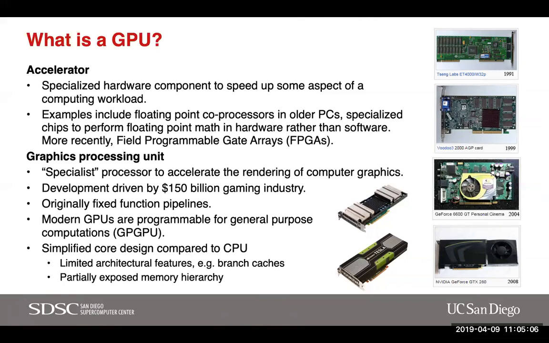But nowadays, modern GPUs, basically since approximately a decade ago, are programmable for general purpose computation, so you can effectively use them for any computing task that you would otherwise use a central processing unit for. However, in comparison to a CPU, there's a simplified core design, with limited architectural features, for instance branch caches, and a partially exposed memory hierarchy that you should know about when you're programming GPUs.